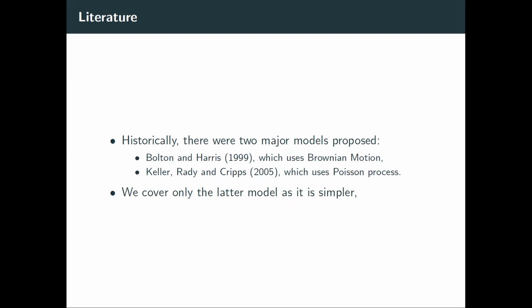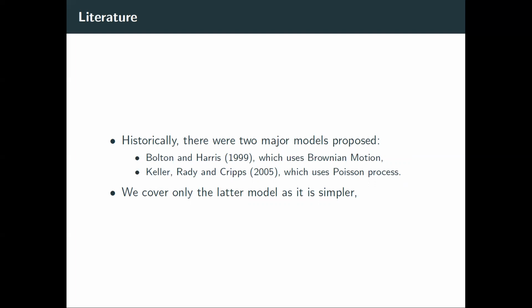Marginally it's more complicated than the model that I'm going to tell you today, and for Brownian motion we'll have another topic where we'll use it. So I decided to just tell you one model, which is exactly the second paper, Keller, Rady, and Cripps. It provides an even simpler model where all these effects are tractable and you can easily illustrate it.